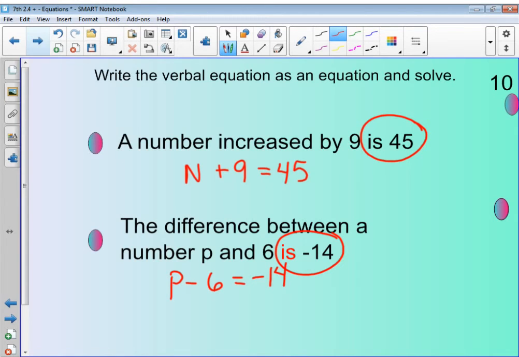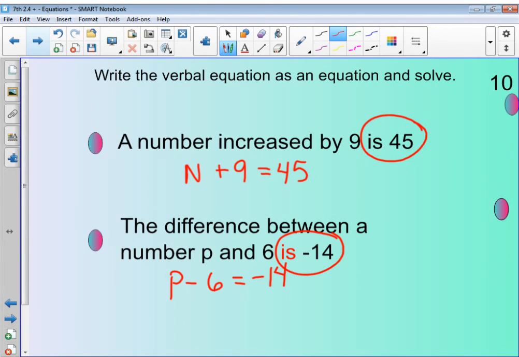Okay, so the key thing on these is, if they don't tell you what letter to use, you can use any letter. So on the first one, a number increased by 9. Well, they didn't say what to use for the number, so I'm just going to put N for number. Increased means to add, and then is 45, so equals 45. On the second one, the difference between a number P and 6, so difference means to subtract.